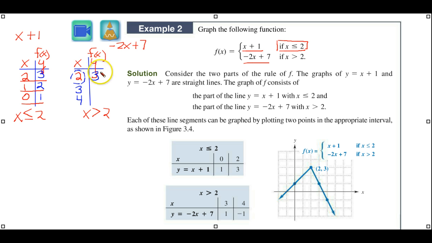And we're keeping in mind that's our value, but it doesn't quite start there. It's just to the other side of this. Now, negative 2 times 3 is negative 6 plus 7 is a 1. And negative 2 times 4 is negative 8 plus 7 is a negative 1. So there are our values.